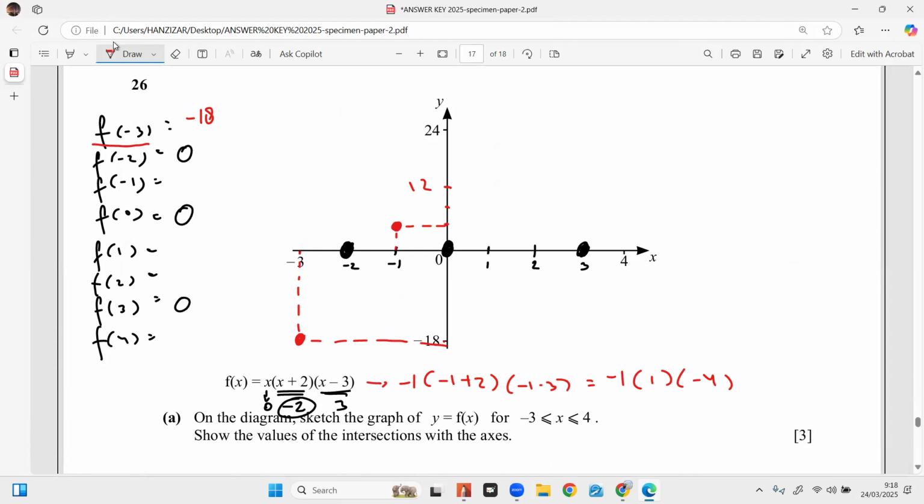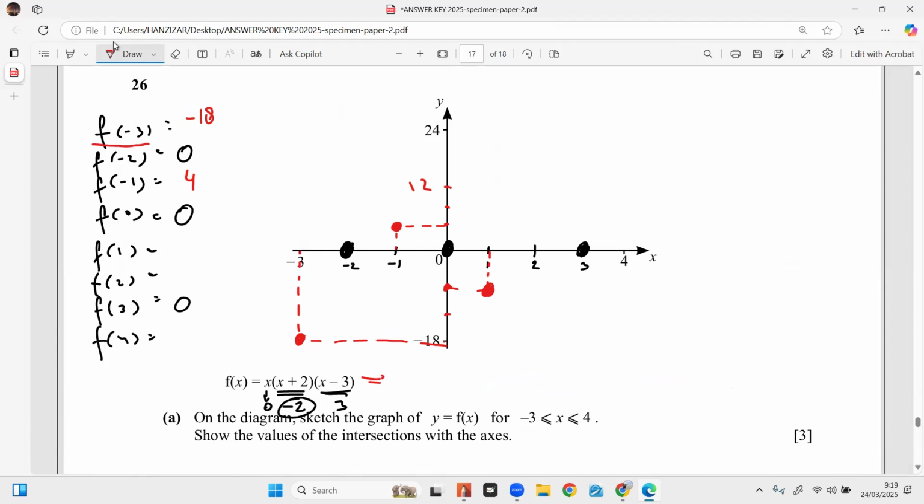If I put 1, change all. 1 times 3 times -2, which is -6. We have -18 separated into 3 parts. This is -6. Now you can see, right? If 2, you put everything 2.